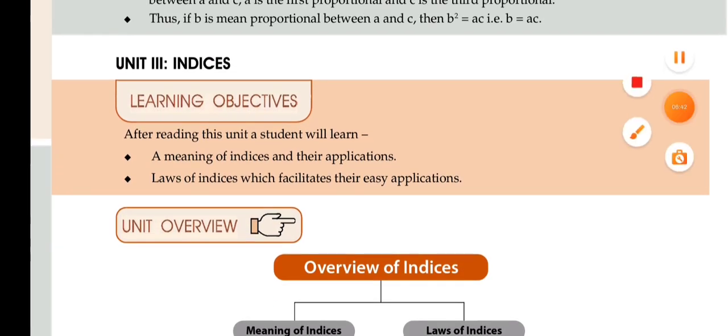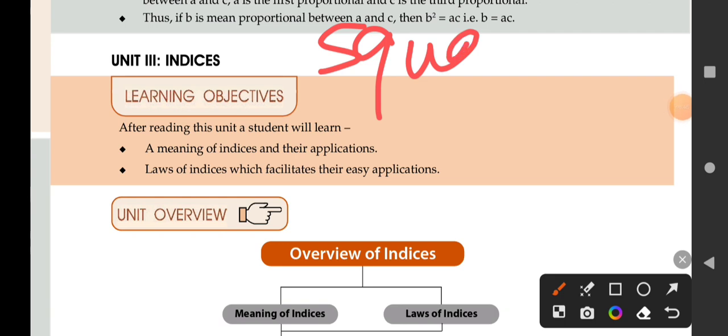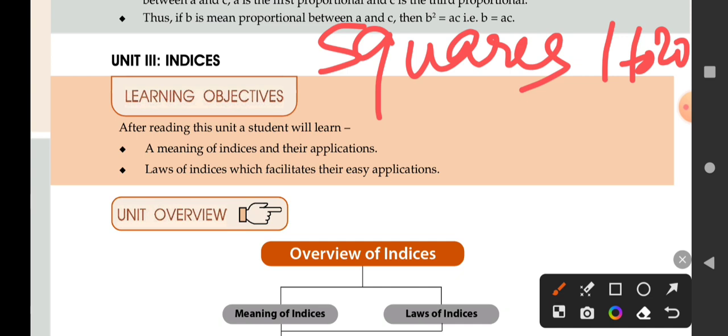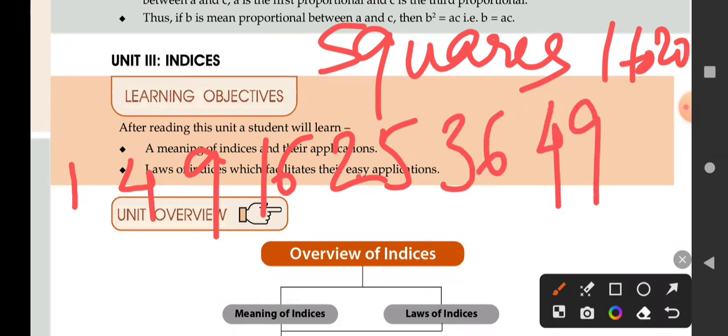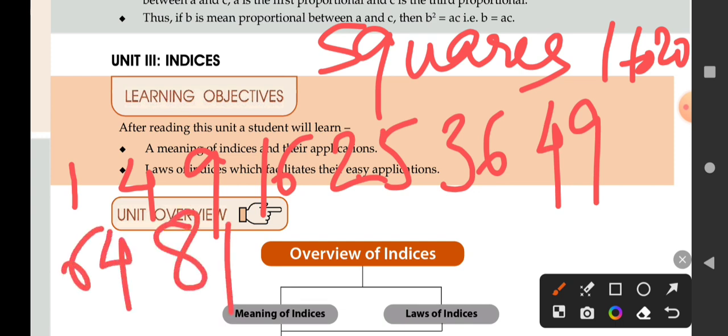Let's write squares of 1 to 20. 1 square 1. 2 square 4. I want you all to write it in the comment section. 3 square 9. 4 square 16. 5 square 25. 6 square 36. 7 square 49. 8 square 64. 9 square 81. 10 square 100.